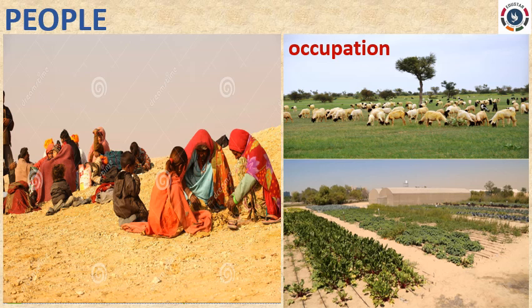Occupations of nomads are livestock rearing, farming and trading. They rear animals like sheep, goats and camels. They farm dates, millets and barley, and salt, dry fruits, rugs and handicrafts are used in trading.